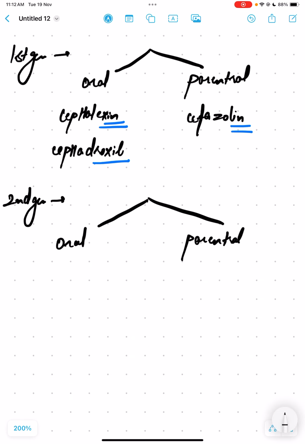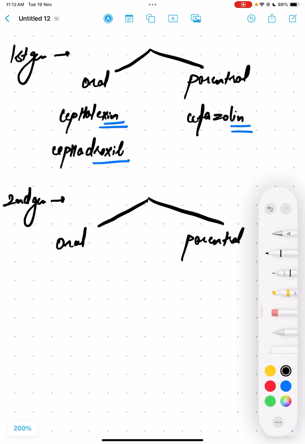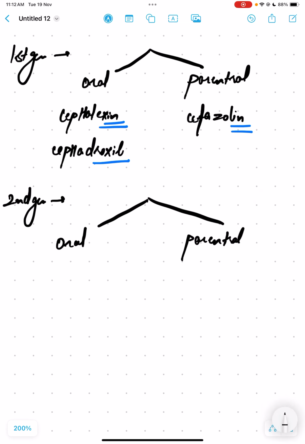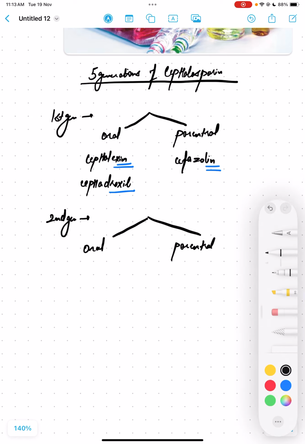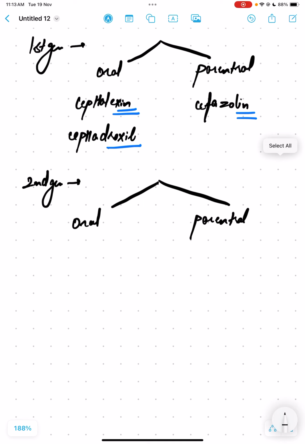Oral drug involves cefaclor and cefuroxime axetil.